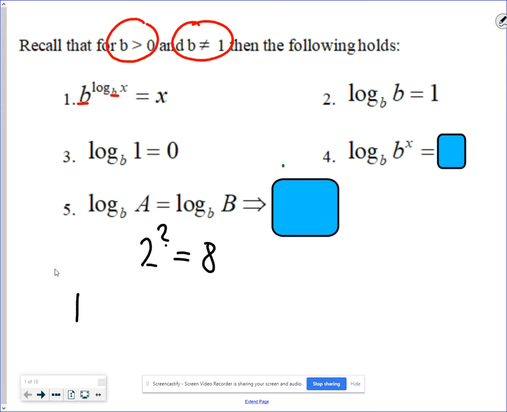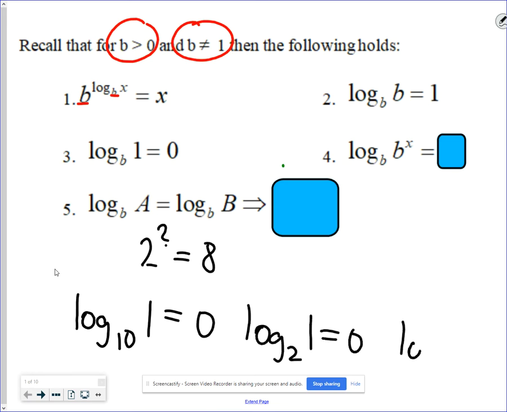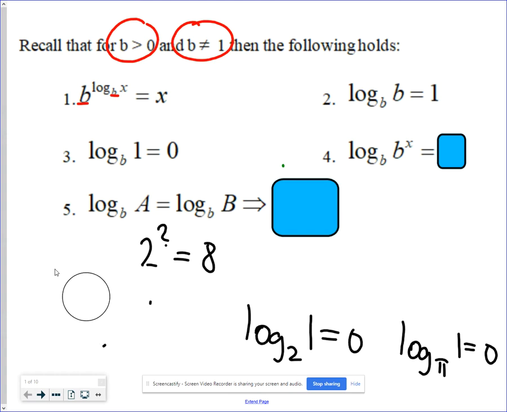So what that means is log of any base, log base 10 of 1 is 0. Log base 2 of 1 is 0. Log base pi of 1 is 0. Okay? That's what that rule says.